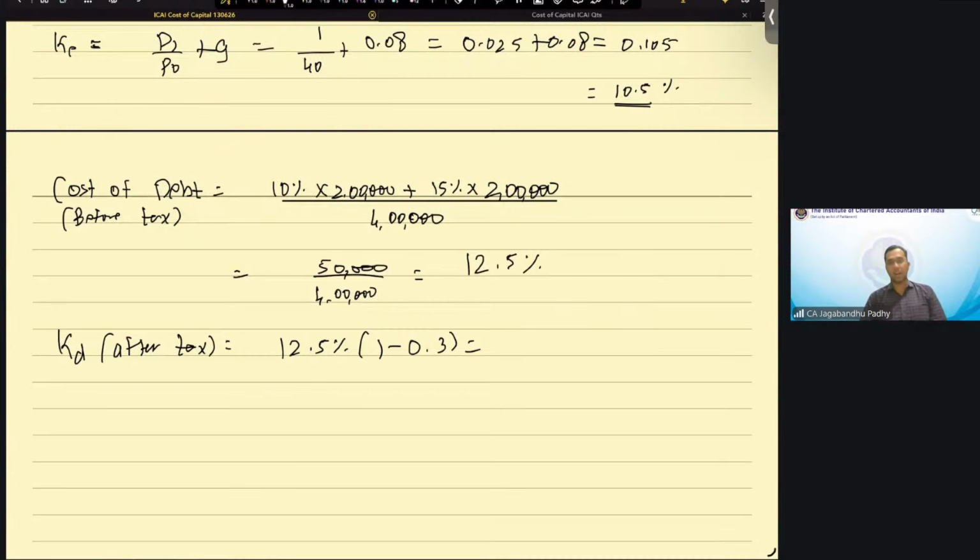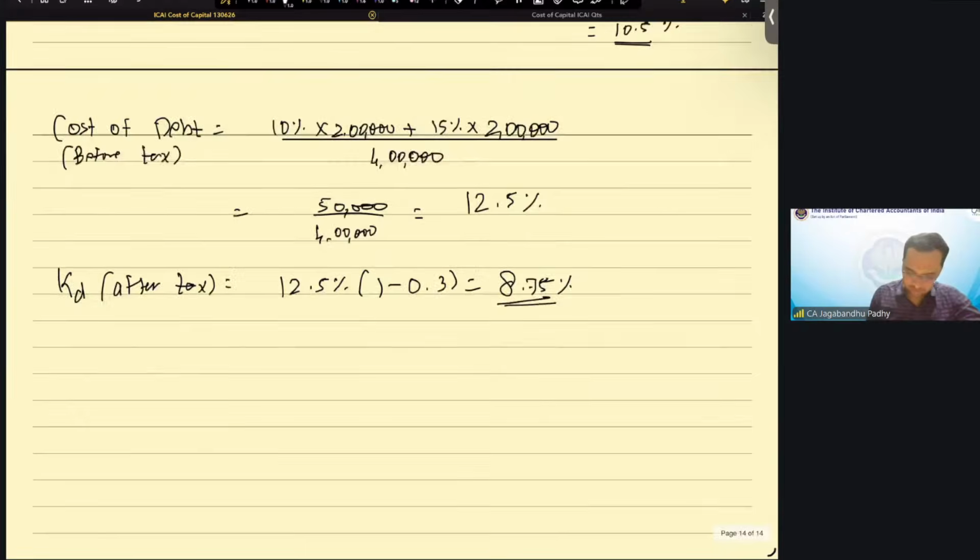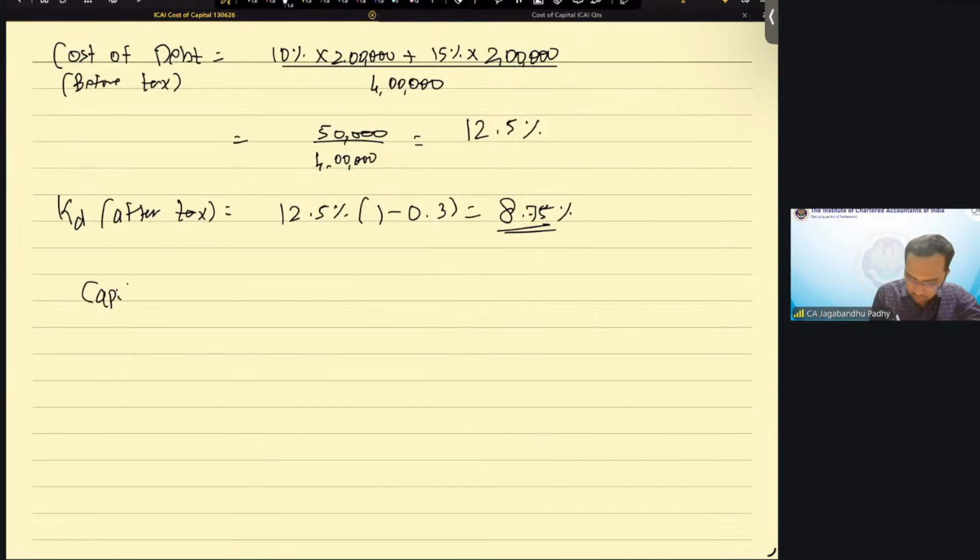So what is the cost of debt after tax, everyone? How much is the number? 8.75%.